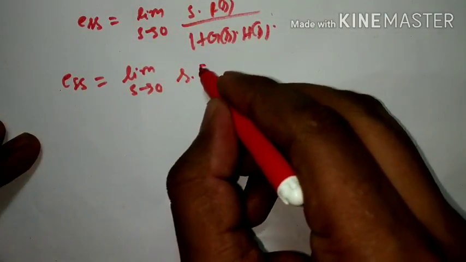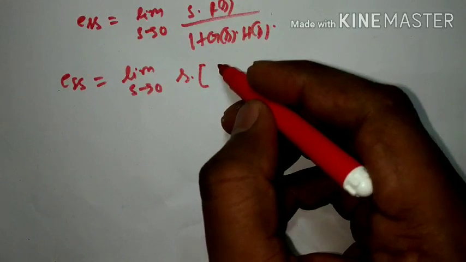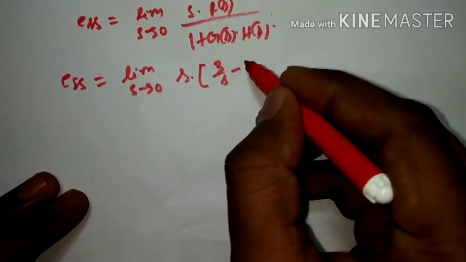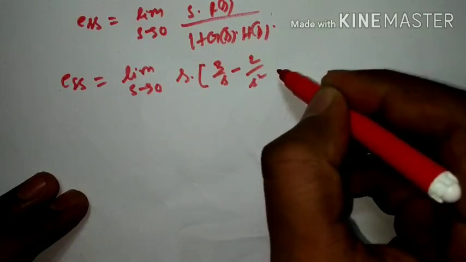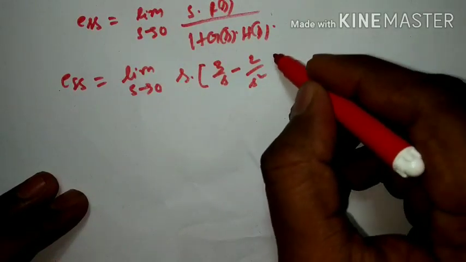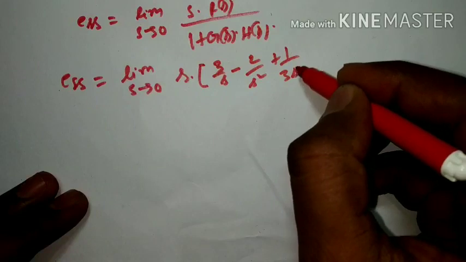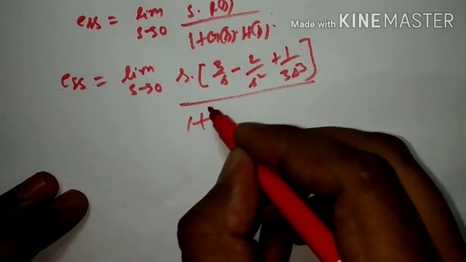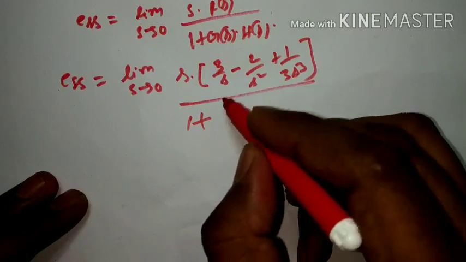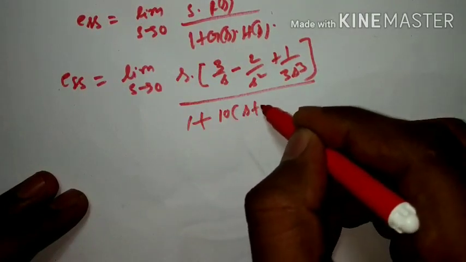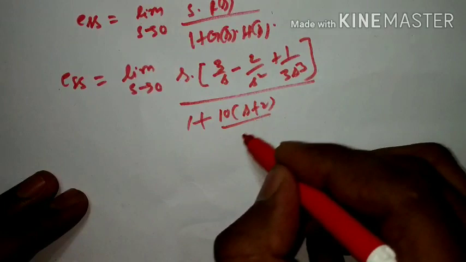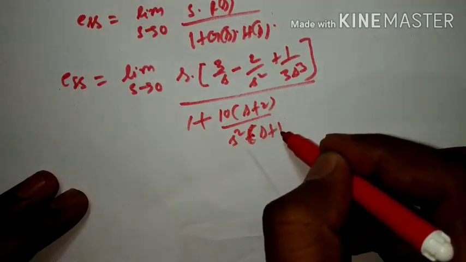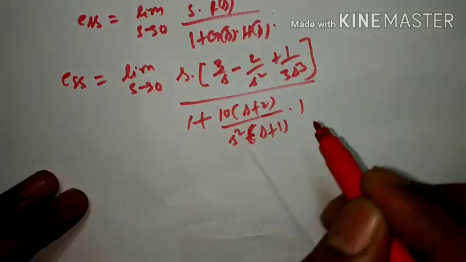R of S is equal to 3 by S minus 2 by S square plus 1 by 3 S cubed. And 1 plus G of S is 10 into S plus 2 by S square into S plus 1, and H of S is equal to 1.